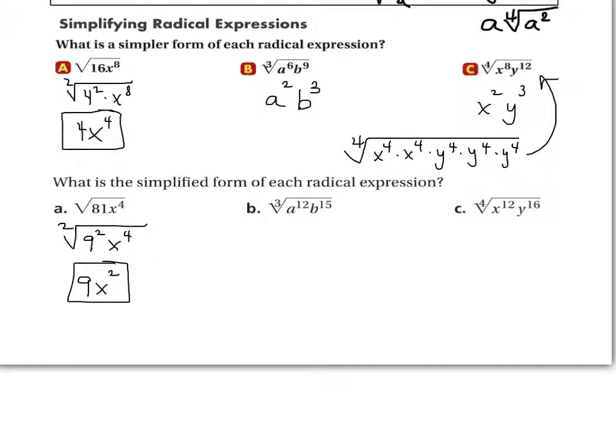Again, we're assuming that all variables are positive, so I don't have to worry about absolute values. Letter B, 12 divided by 3 is 4, so I have a to the 4th left over. 15 divided by 3 is 5, so I've got b to the 5th left over. Then letter C, 12 divided by 4 is 3, and 16 divided by 4 is 4.